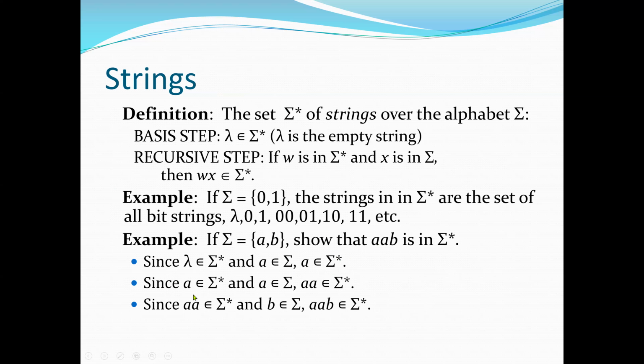Now we can say that A belongs to the star, and A also belongs to the summation star. And since AA belongs to the star, then AAB again belongs to the summation, the string star.